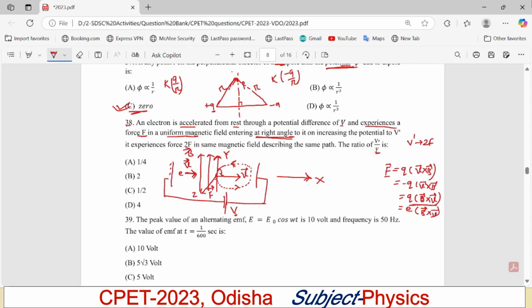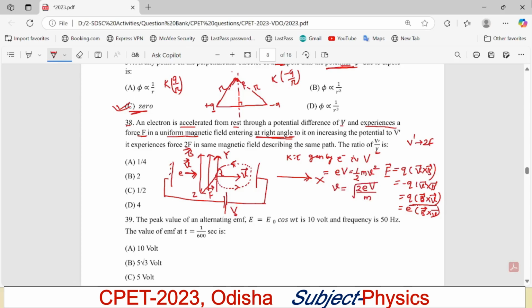When the potential difference is V, the kinetic energy gained by the electron is eV, which is equal to half m v squared. So for this case, v will be root over 2eV by m.